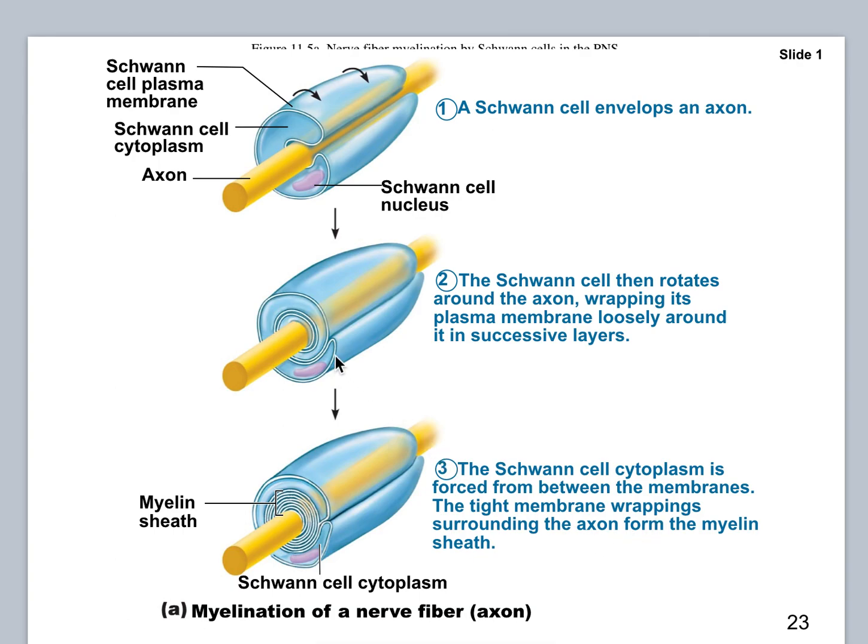It wraps around and around in successive layers. It forms a very tight insulation so that the electrical current that flows down the neuron inside doesn't leak out where there's myelin. It's very similar to the way the insulation of a wire keeps the electrons flowing within the wire and not leaking out.